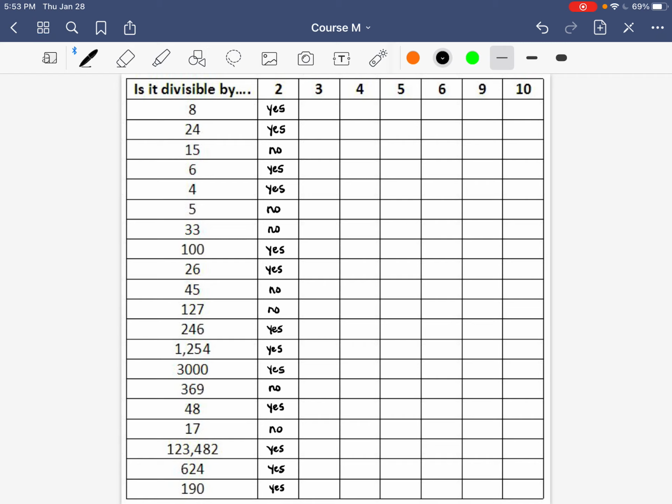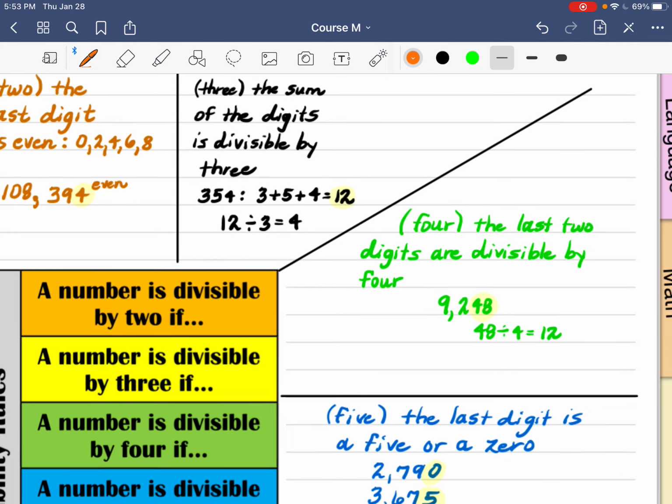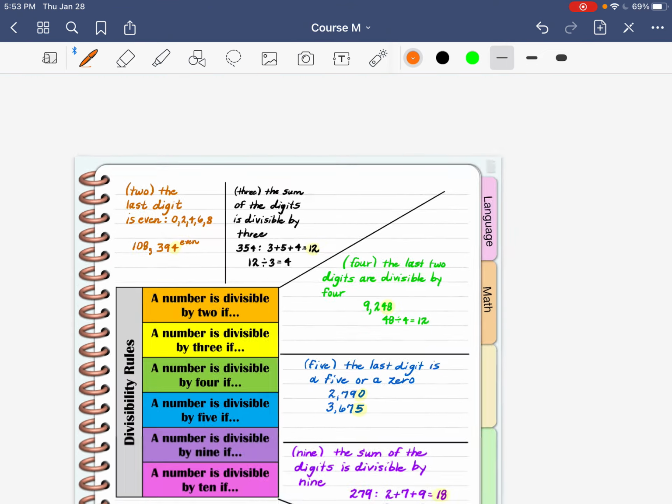Just to make it a little easier on your eyes, I'm going to turn into a different color on the column for 3. And let's review the rule for 3. A number is divisible by 3 if the sum of the digits is divisible by 3.